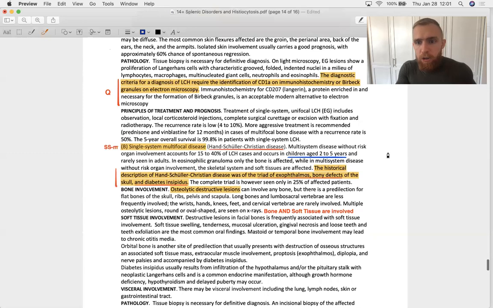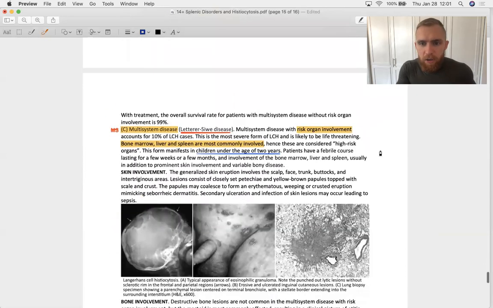So if we go down and we look at the other subtypes of LCH, they actually present, according to the SDL, at totally different times of life. So what I'm saying is you could probably figure out the subtype based on the patient's age alone. The very severe type is in kids less than 2 years old.